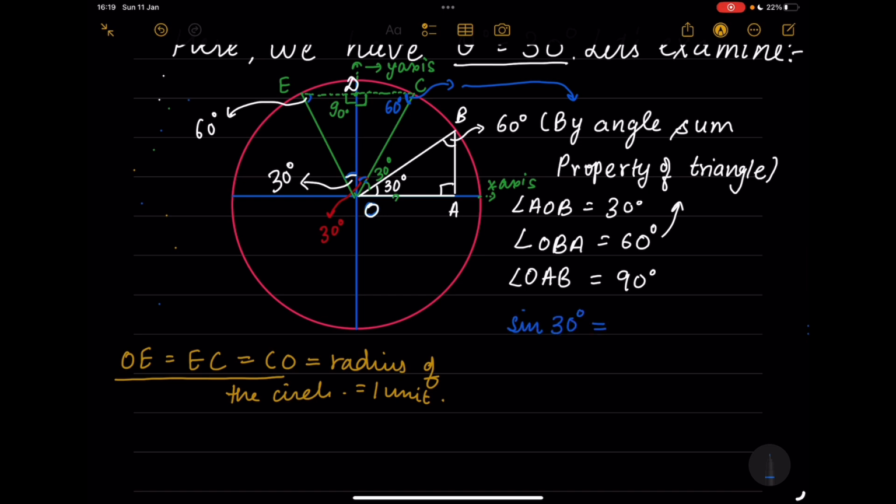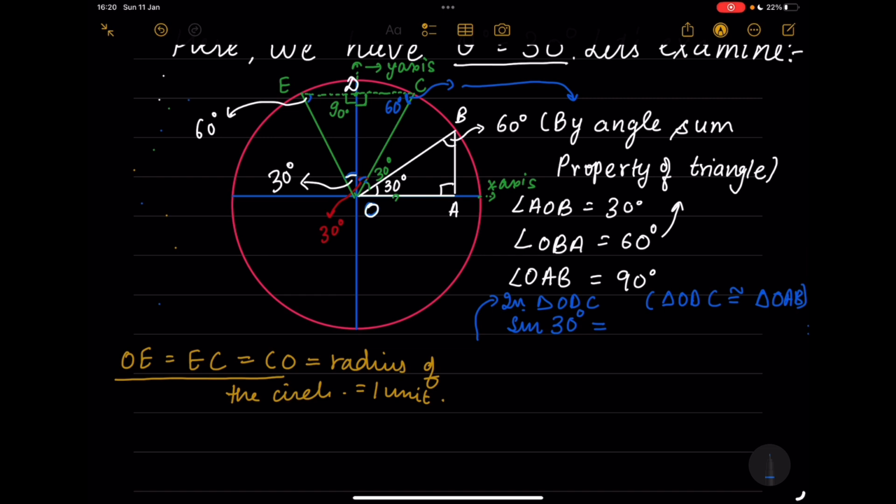And sine 30 degree, basically, let's see in the triangle ODC, right? Both of these triangles are also congruent. Which triangles? Triangle ODC is congruent to triangle OAB. You can prove this very easily, so I'm leaving it for you.